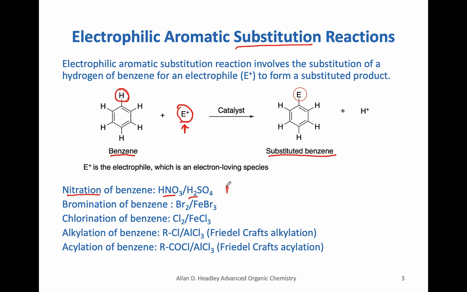So this would be the NO2 plus electrophile that's generated from this mixture here. Bromination requires bromine in the presence of iron bromide, and of course the active electrophile here is Br plus. Same here, Cl plus. Notice again the catalyst is needed to create these very reactive electrophiles.